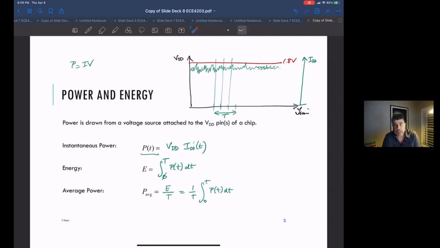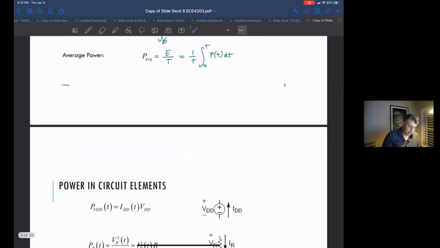When you're in a bright room, it might be lower, and so on. Your camera may be on, maybe it's not. So the instantaneous power goes up and down significantly. You can't use the instantaneous power of your worst case scenario to figure out how long your battery is going to last. You have to come up with an average power to figure that out. That's why you end up with an average power type of calculation.